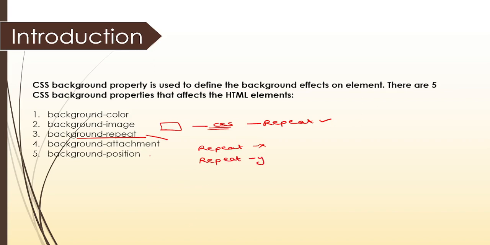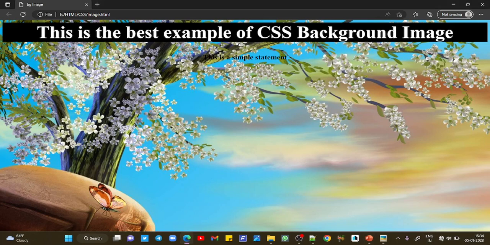If you want the image not to repeat, and to stay only in the corner, then you can use no-repeat. And if you have a larger image, then there is no need to use the background repeat property. Only if you have a small image can you use the background repeat property.